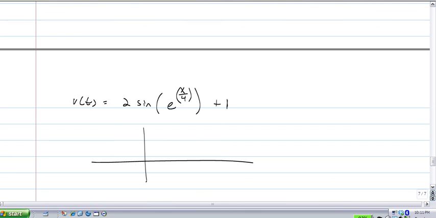So from 0 to 6 it kind of starts here, down, and it ends here. Okay, yeah, so that's the graph.